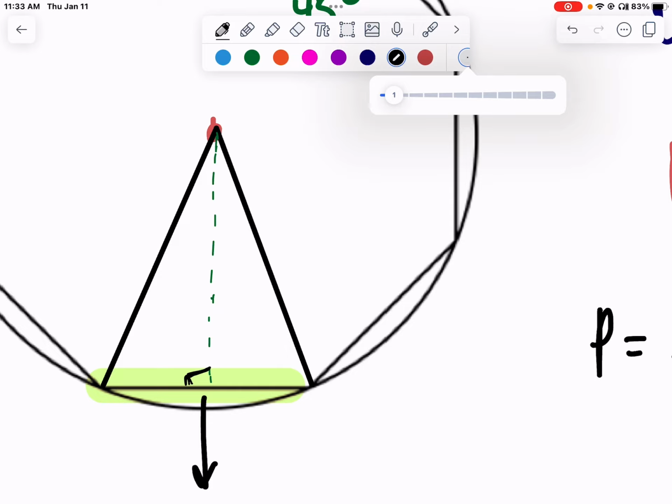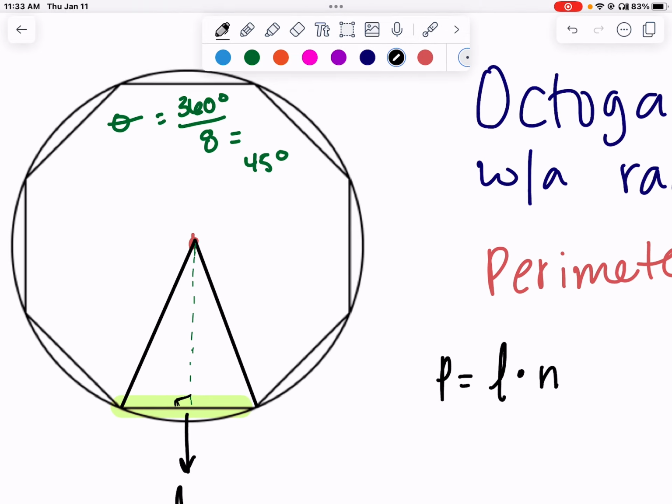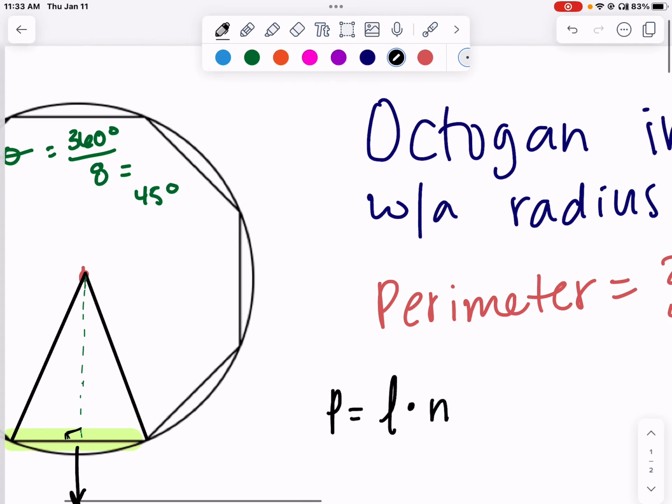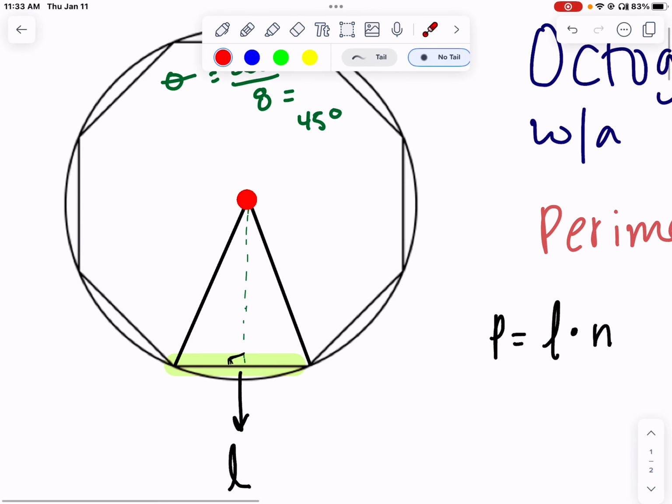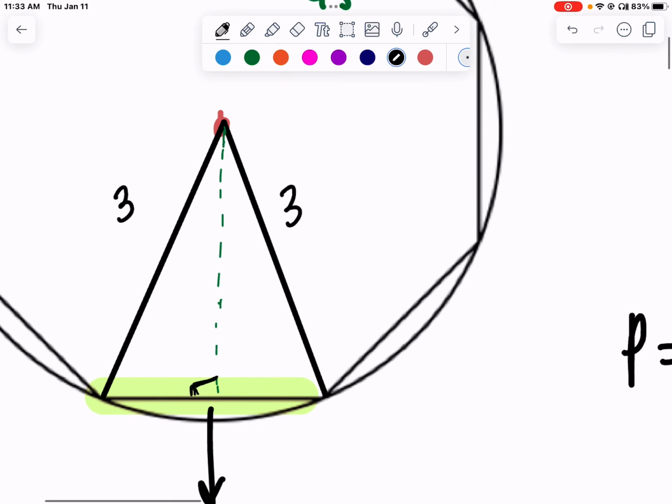Some other information that I know is that because my circle has a radius of 3, this line here and this line here also have a length of 3. You might be thinking, well, I only needed this one if this is the triangle that I'm going to solve, which is partly true. But one of the important things about knowing that both this side and this side are 3 is knowing that I've created an isosceles triangle, which means that 2 of the side lengths are the same.